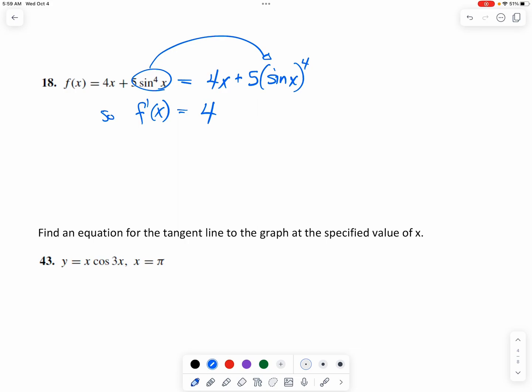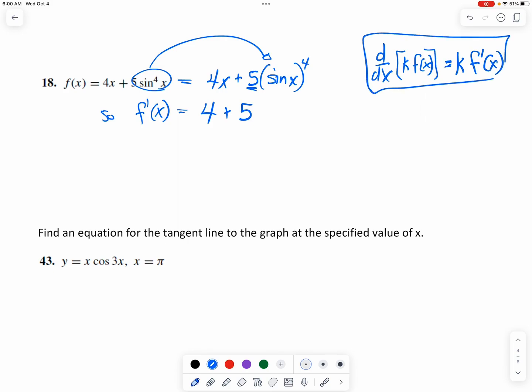And now the derivative of 5 times some function, I'm going to preserve that 5, because if you take the derivative of k times any function, k can be taken out and that scalar multiple is preserved. So I'm going to take the 5 out and then find the derivative of sine x to the 4th.